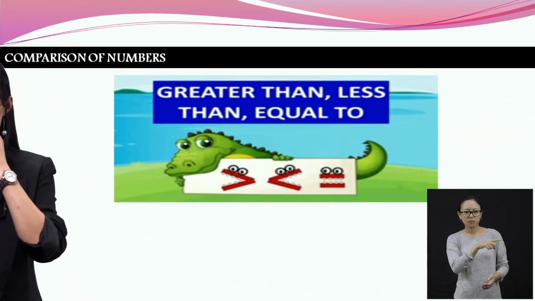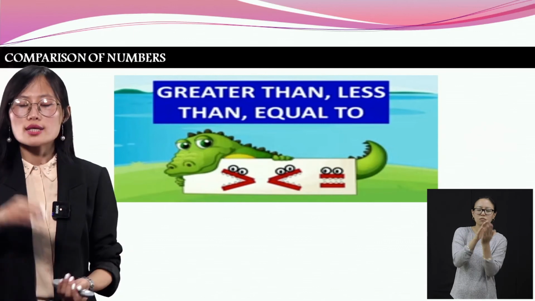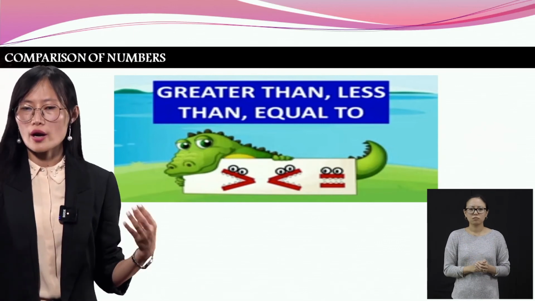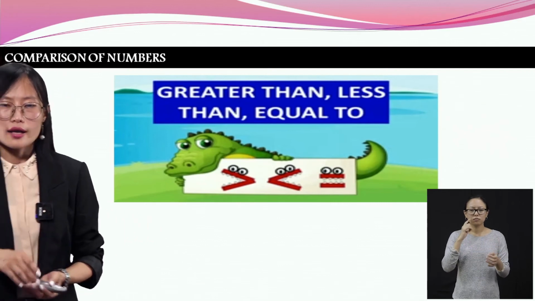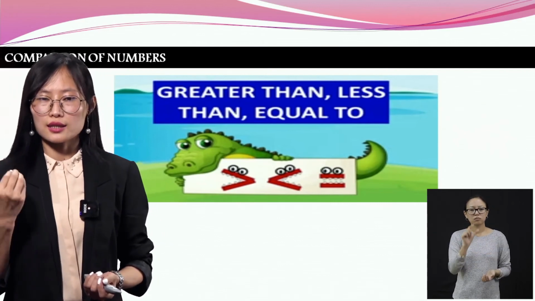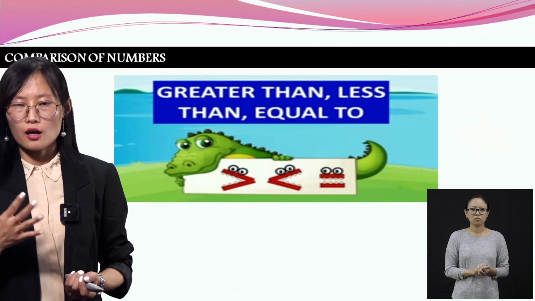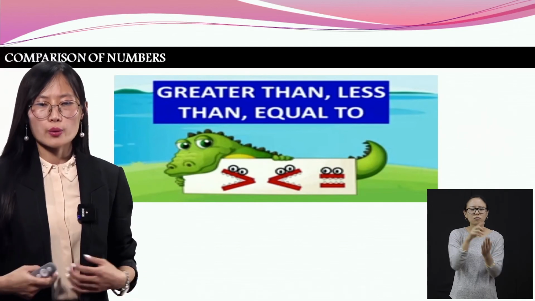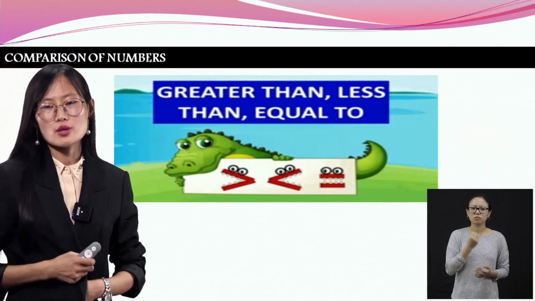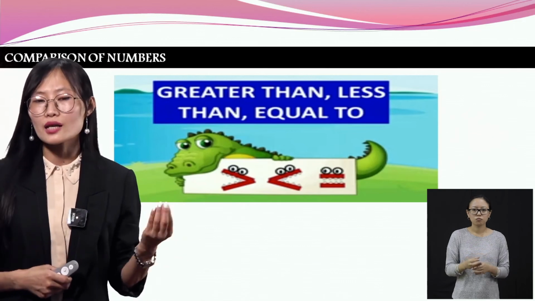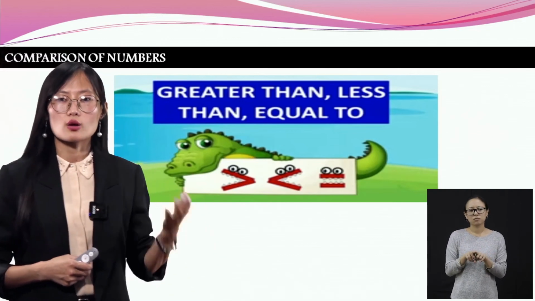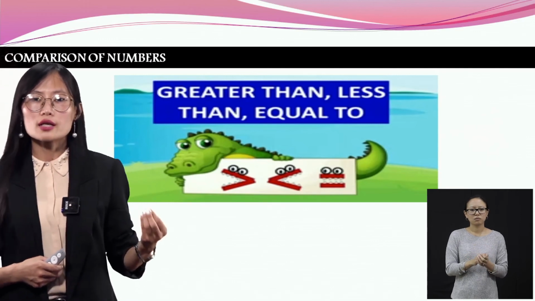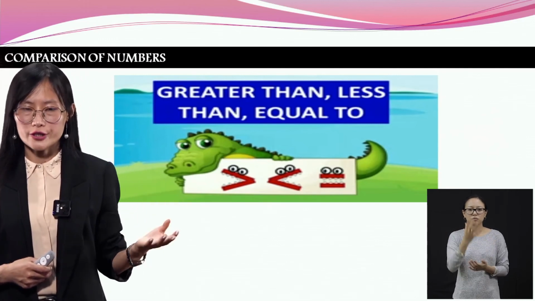Using this sign, we are going to compare the numbers. Alligator always wants to eat the bigger number of fishes. Just like you and I, we will always want anything which has a bigger number or a bigger portion. Even this alligator wants to eat a bigger number of fishes.